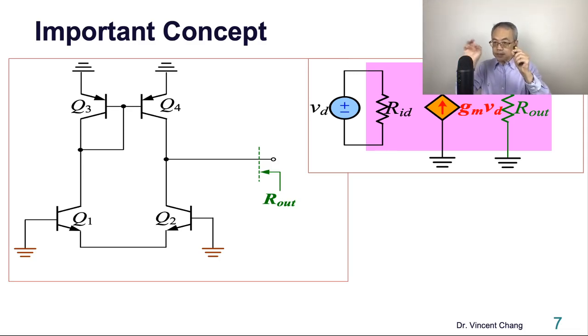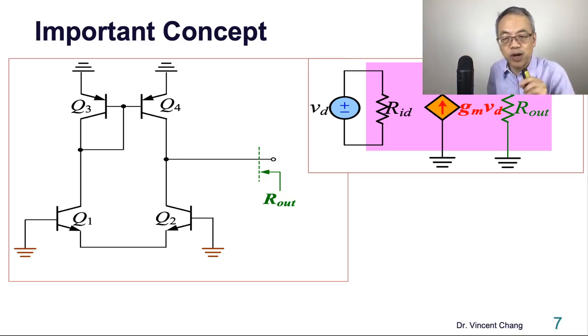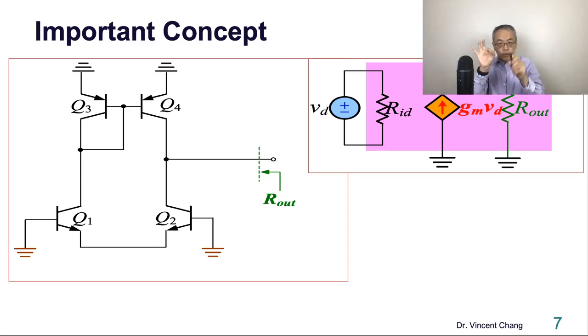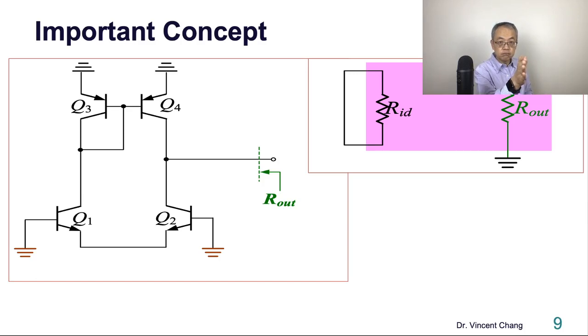Now VD is 0, the brown is grounded. So VD is 0, then see the right-hand side. When VD is 0, the voltage controlled current source GM VD becomes what? Open. So 1, Vi is 0; 2, open.